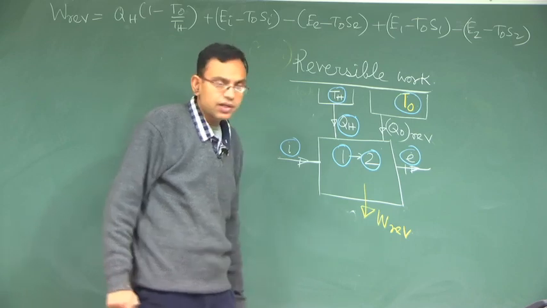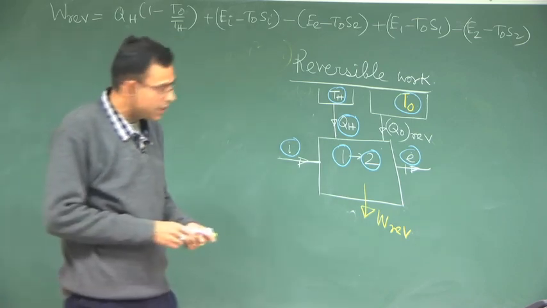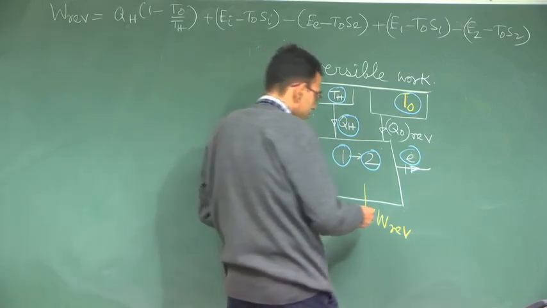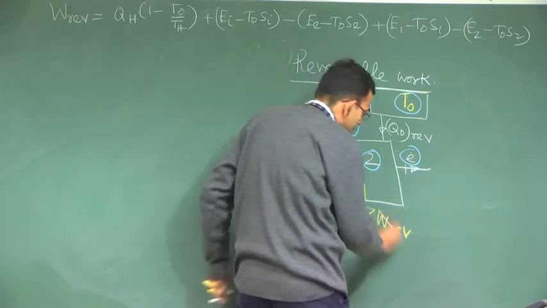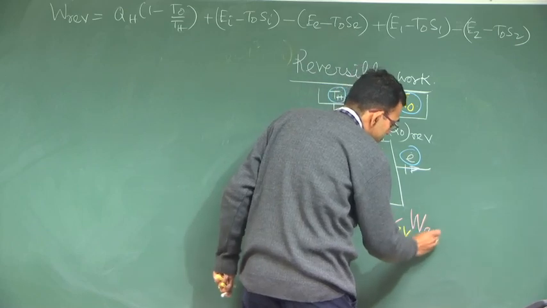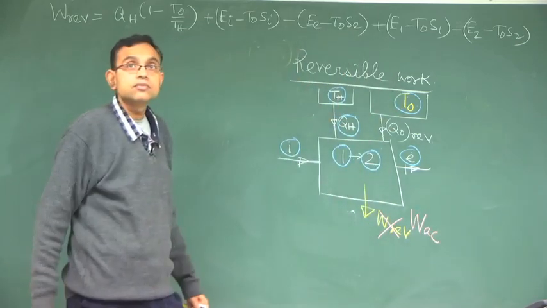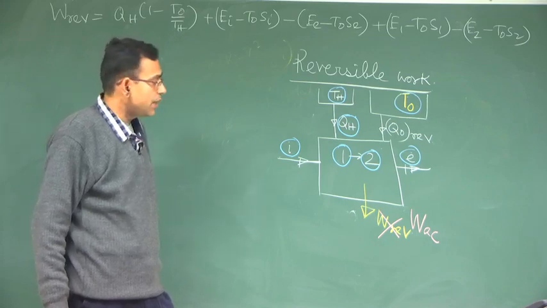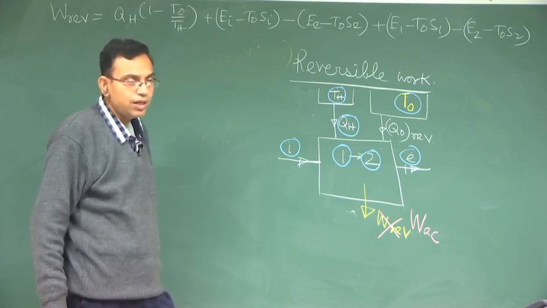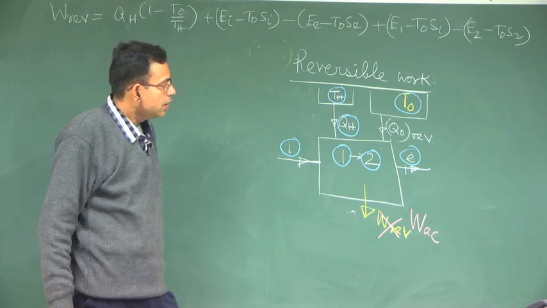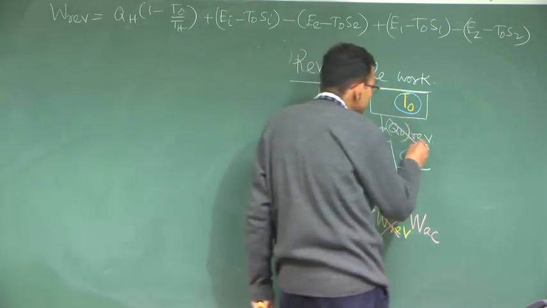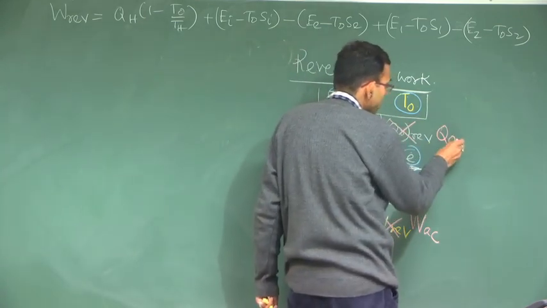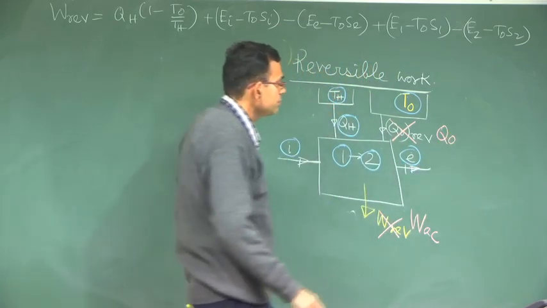Because the process is not reversible, instead of this W reversible, we will have W actual, okay. Instead of Q0 reversible we will have Q0 actual.